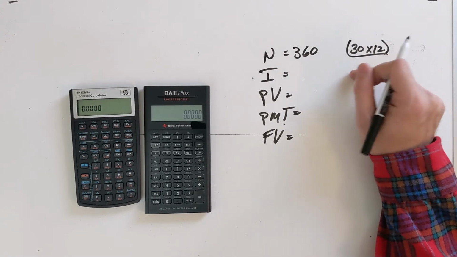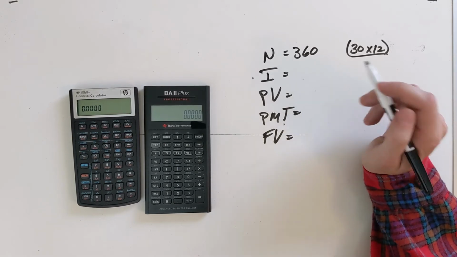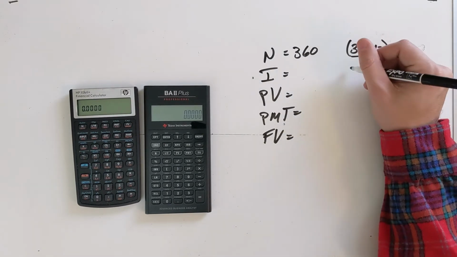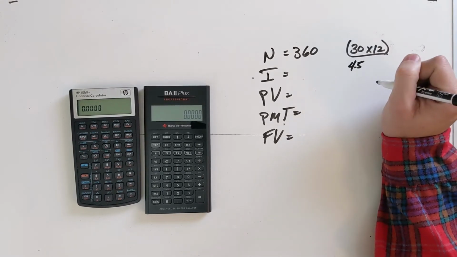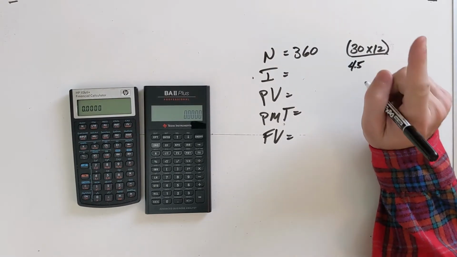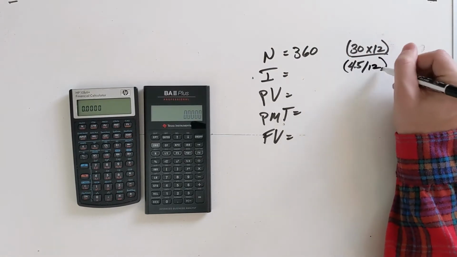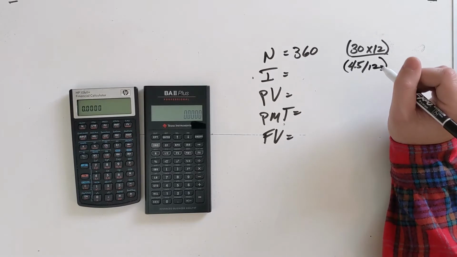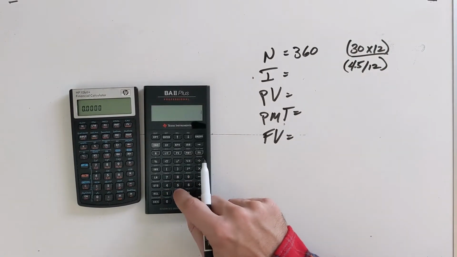The next thing we would need to know is, well, what interest rate is the bank going to give me? And let's say that the interest rates in the market, they're saying that they can give you a loan for 4.5% per year, right? They're telling you an APR. Well, if I divide that by 12, that will tell me the monthly rate. Okay, well, I'm going to have to go into my calculator, right?